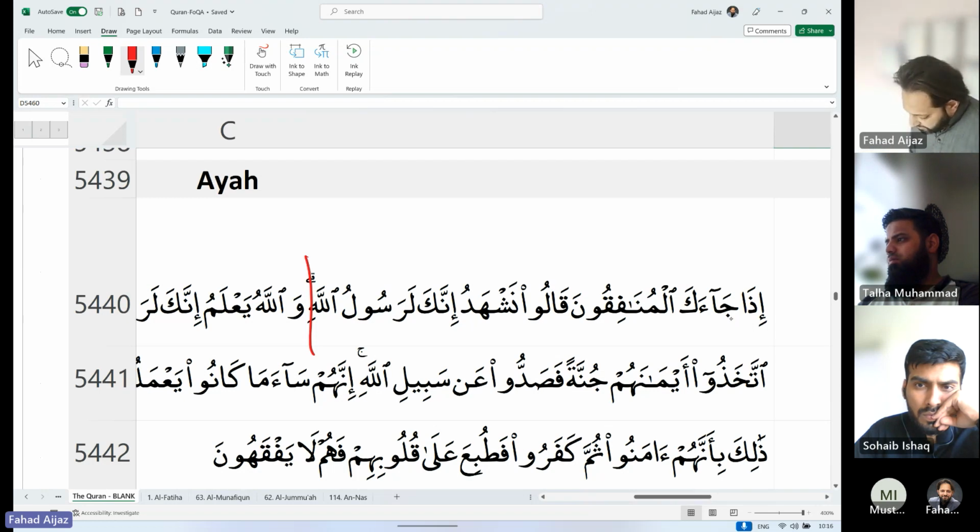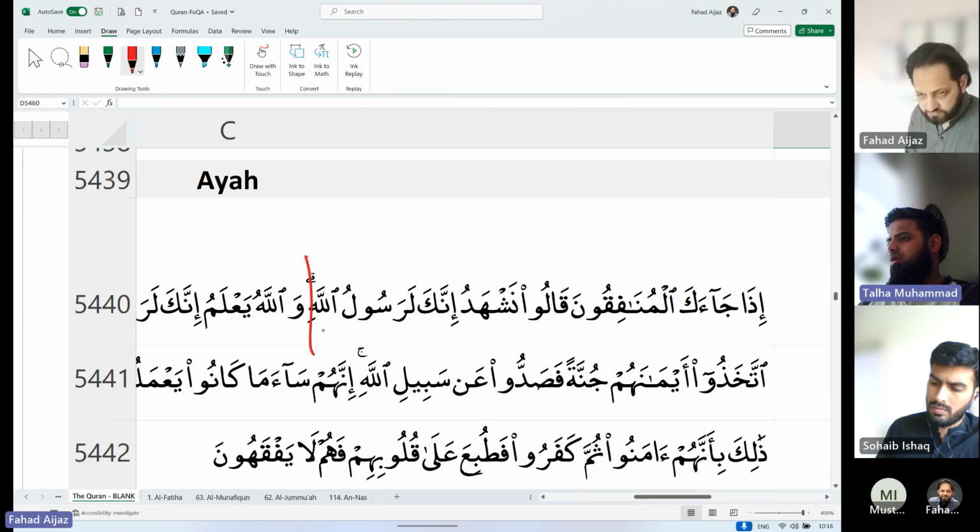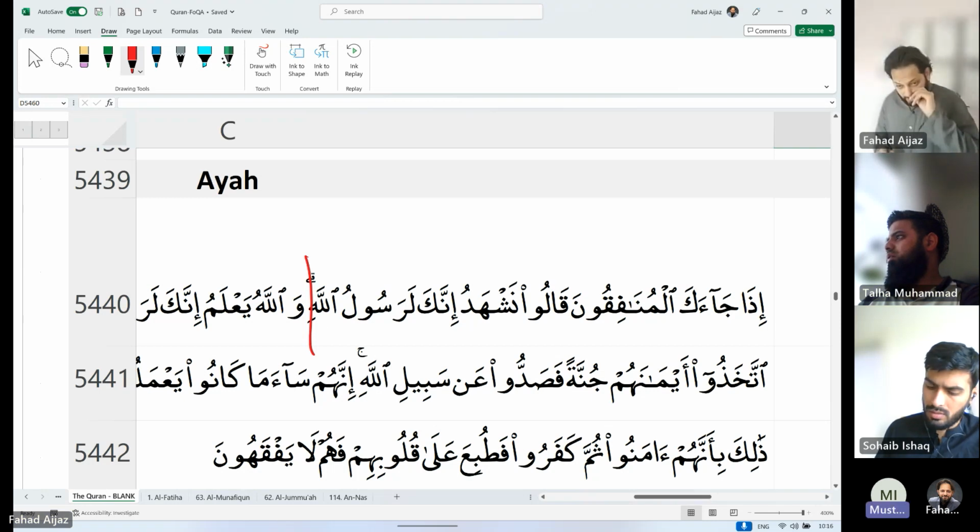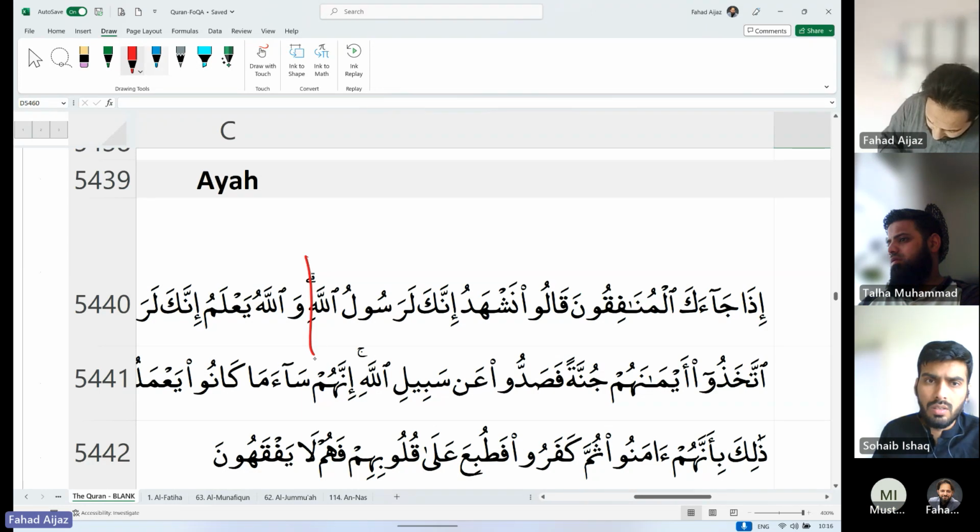Iza ja'akal munafiquna qalu nashhadu innaka la rasulu Allahi. So we think that the word Allahi is a harf of jar fragment. So what is the harf of jar used here? What is the jar?